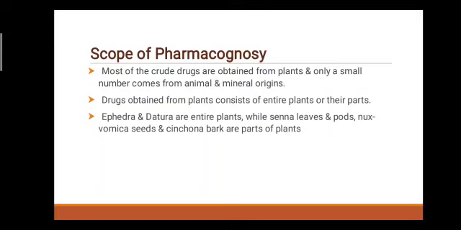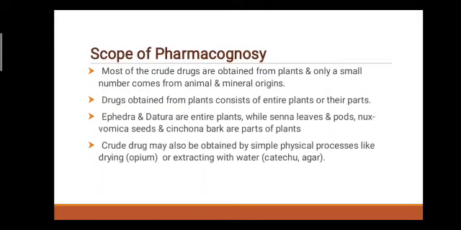Ephedra and Datura are entire plants, while senna leaves and pods, Nux vomica seeds and cinchona bark are parts of plants. Crude drugs may also be obtained by simple physical processes like drying, opium, or extracting with water, catechu, and agar.